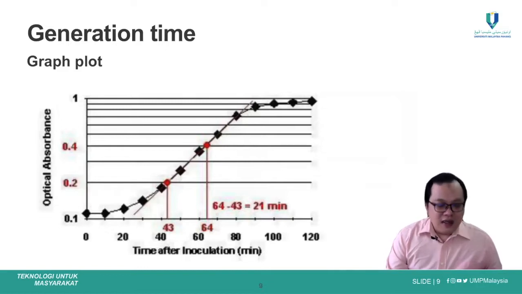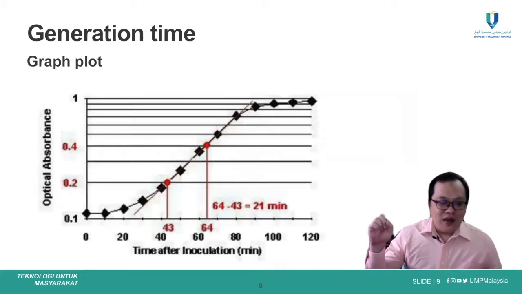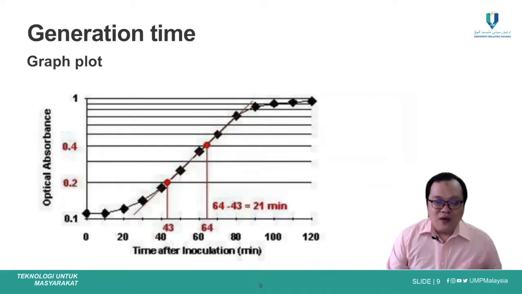We also can get the generation time from a graph plot. For example, at an optical density or absorbance of 0.2, we need to double the absorbance, that means 0.4.